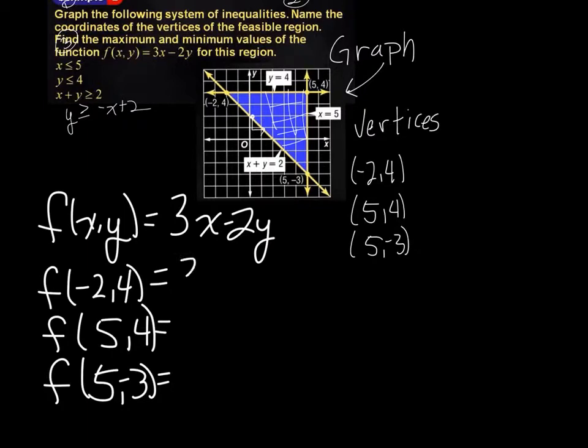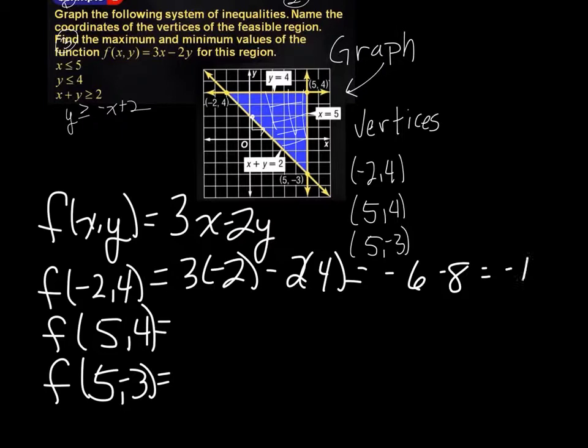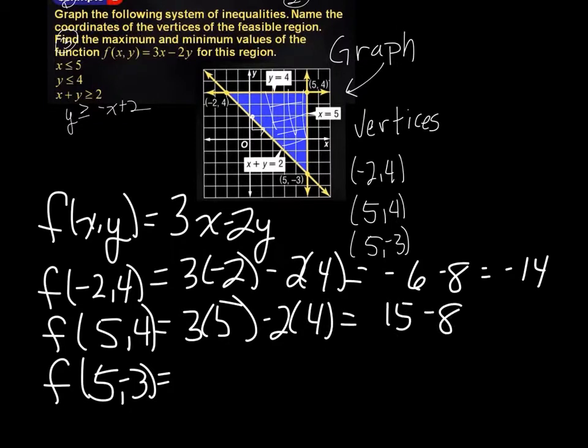So we have 3 times -2 minus 2 times 4. -6 minus 8 is -14. 3 times 5 minus 2 times 4. 15 minus 8 is 7.